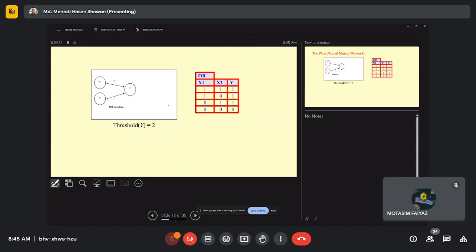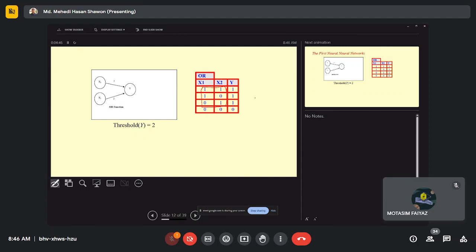Okay. Now let me consider this function. We now consider the OR gate, right? What is the output of the OR? If any input is 1, our output will be 1. As you can see, the first, second and third combinations will all give you the positive signal.